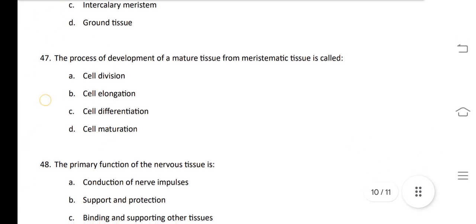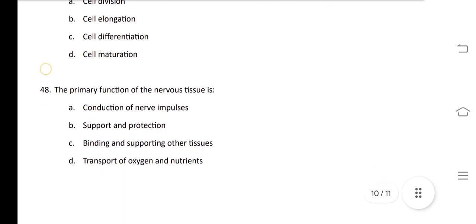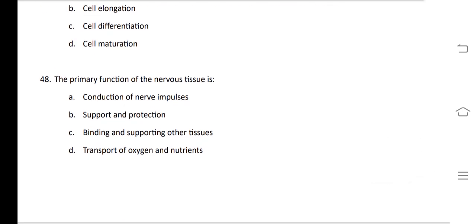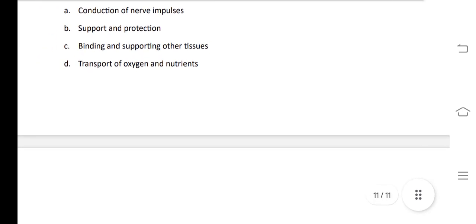Our next question is, the process of development of mature tissue from meristematic tissue is called cell maturation. Our next question is, the primary function of nervous tissue is the conduction of nerve impulse. Answer of 48th question is option number A.